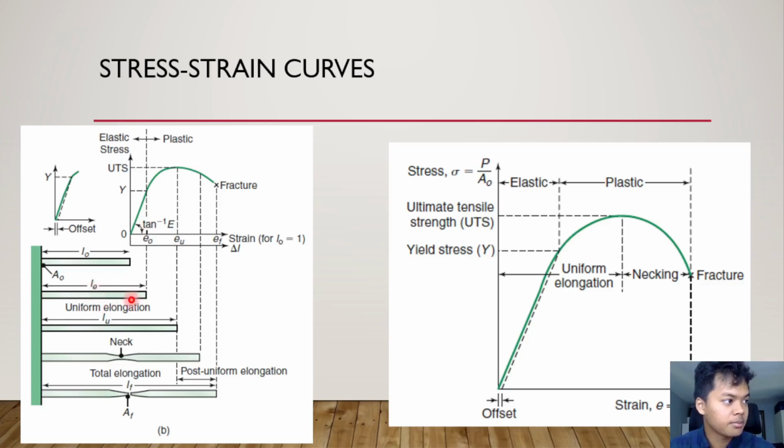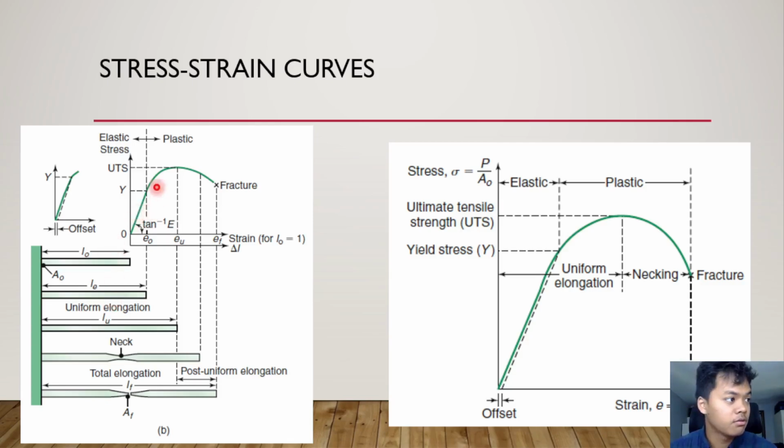Here we have LE. Up until this point, the specimen elongates elastically. What that means is, if we were to remove all load from the specimen, it would snap back to its original length, both in LO and its original cross-sectional area.